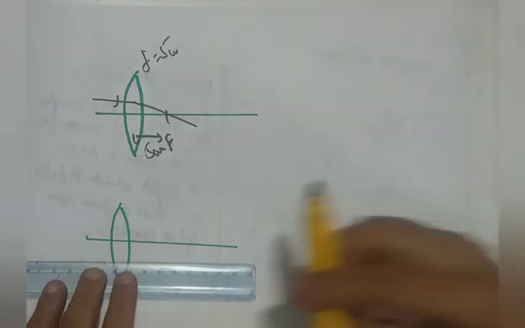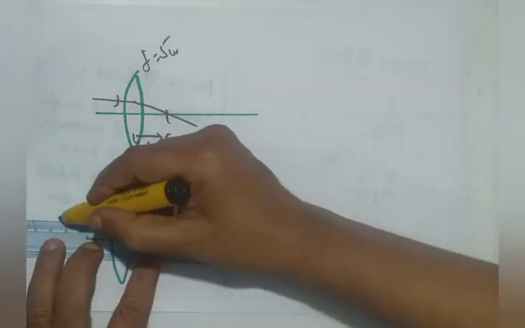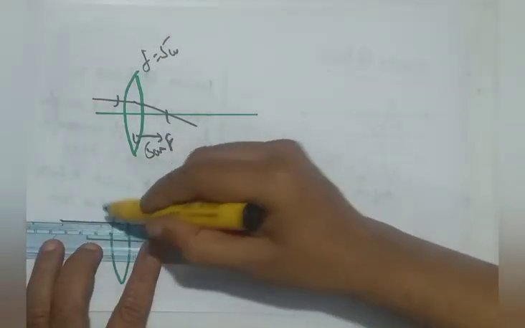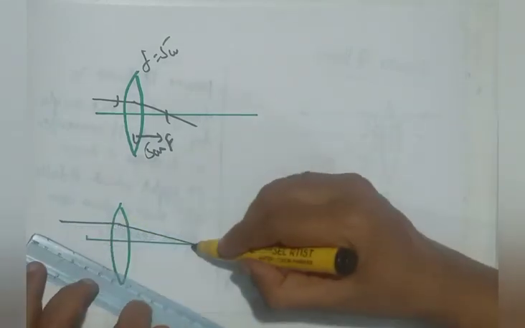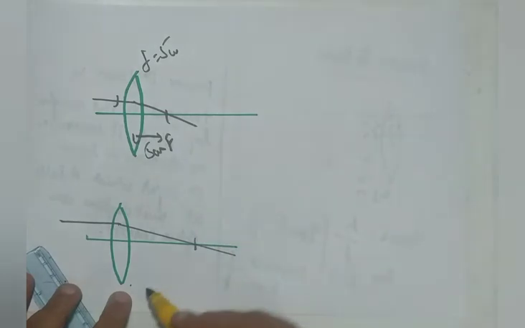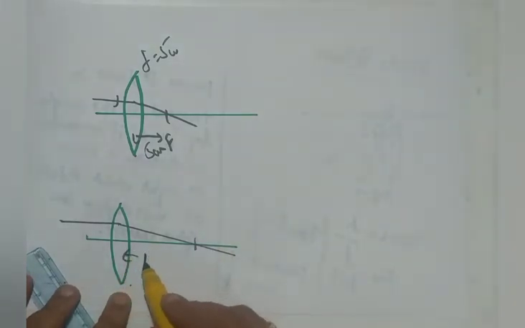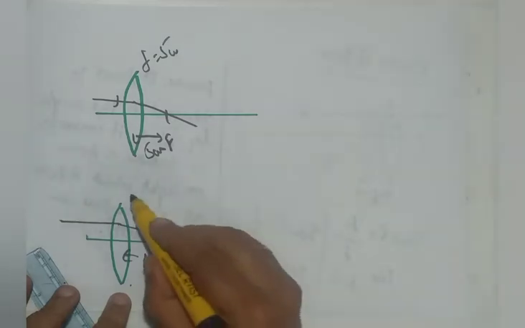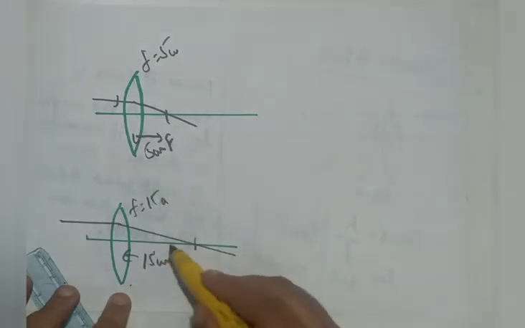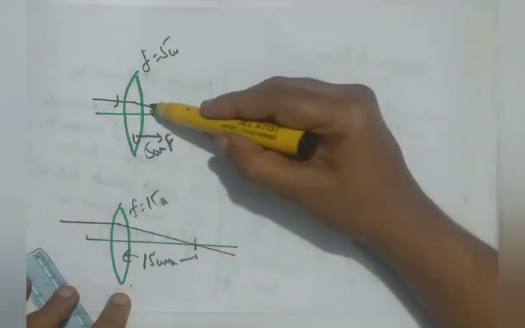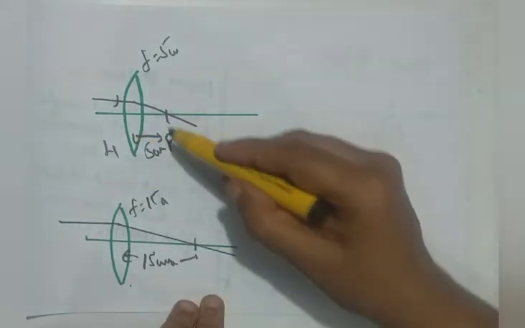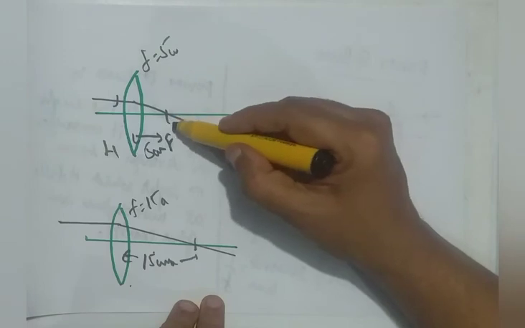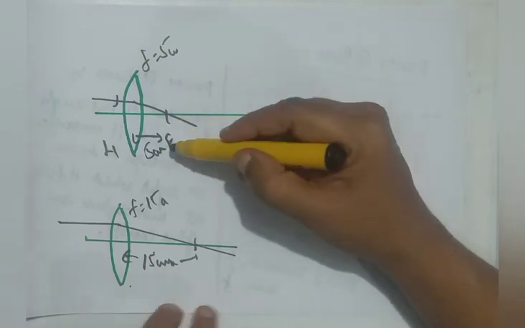We draw the parallel light beam again, but as its focal length is larger, it converges at a distant point like this. This is 15 centimeter. Observe, in the case of the first lens L1, the light beam bends much to converge to a point at 5 centimeter.